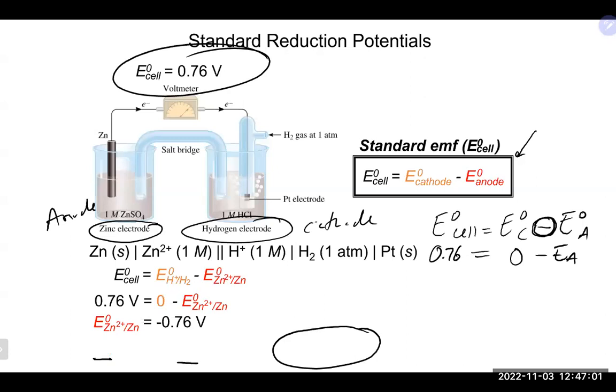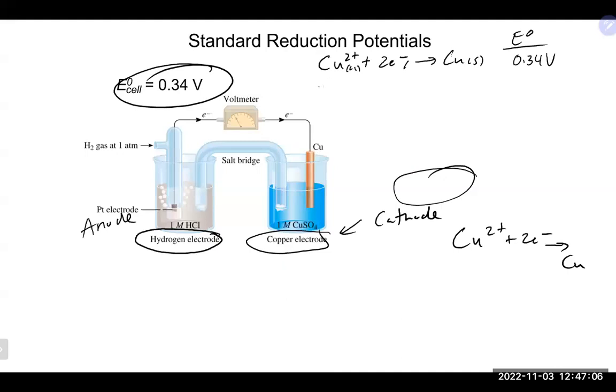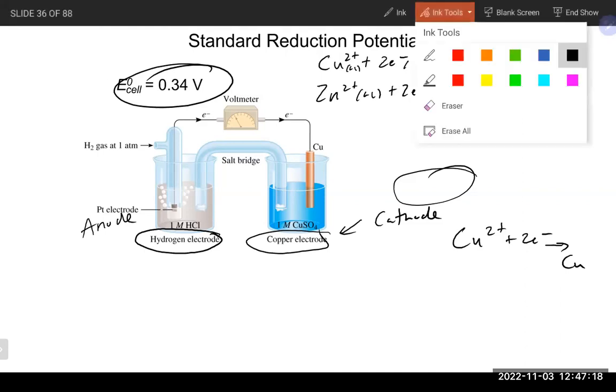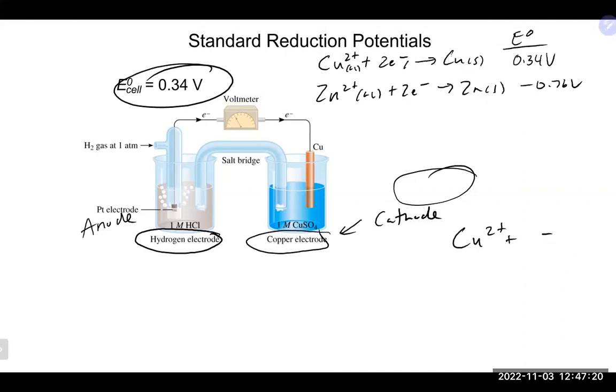Yep. Zinc was minus 0.76 volts. This is the classic example for redox reactions, the one everybody chooses.